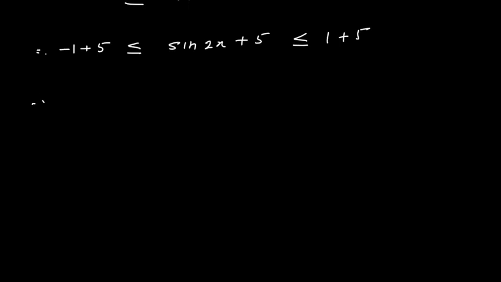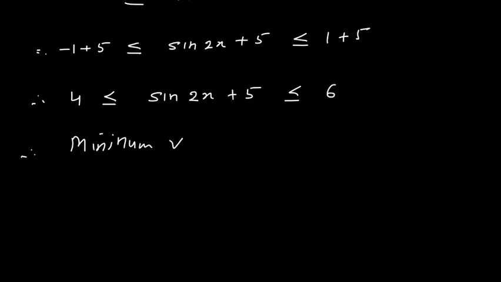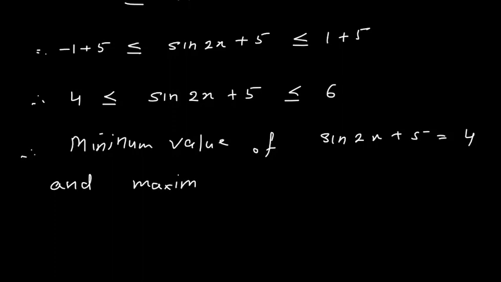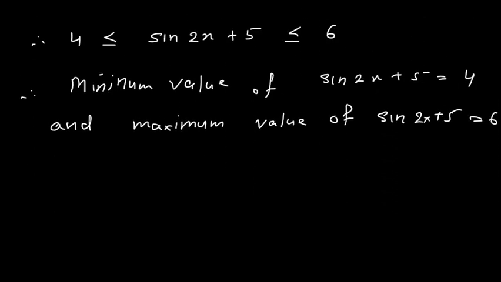So therefore we have 4 less than or equal to sine 2x plus 5, less than or equal to 6. So therefore I will say that the minimum value of sine 2x plus 5 is 4, and the maximum value of this sine 2x plus 5 is equal to 6. So this is the minimum and maximum value.